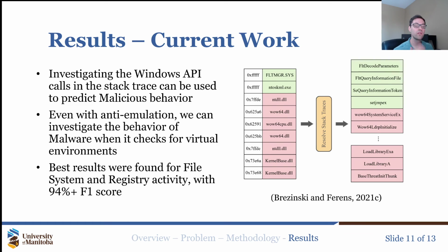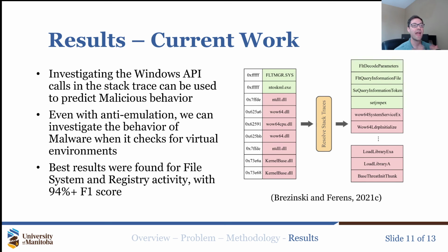So we could look at all the function calls and say, okay, if malicious or benignware uses this API call in the context of others, is it more likely malicious or not? Again, it's more looking at context. And we looked at the whole stack trace as well to detect malicious behavior.